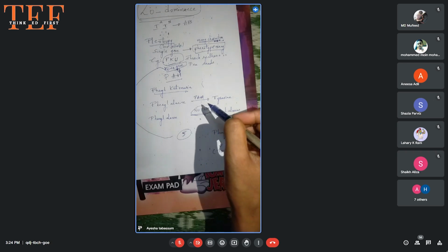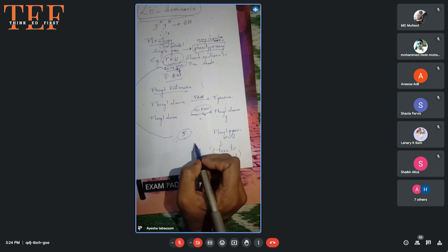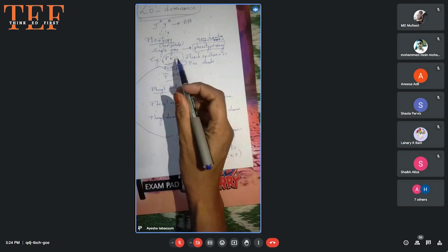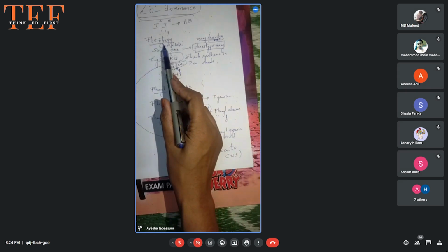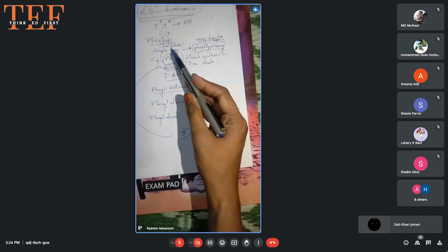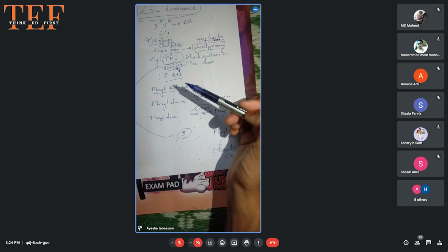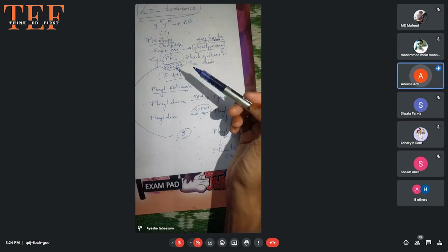This is what you call pleiotropy. One gene producing many characters is pleiotropy; many genes producing one character is multiple allelism.